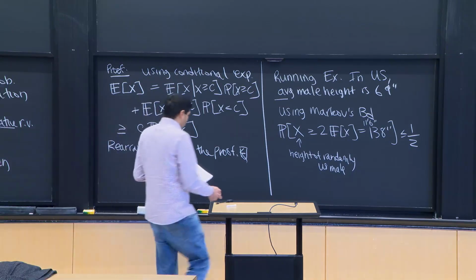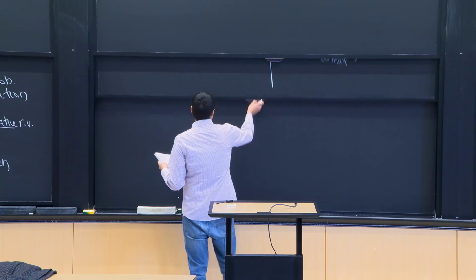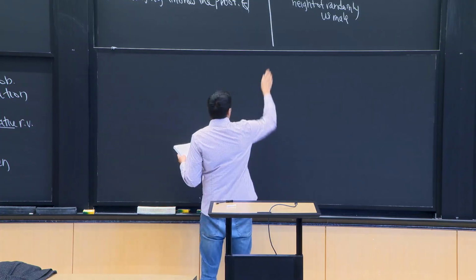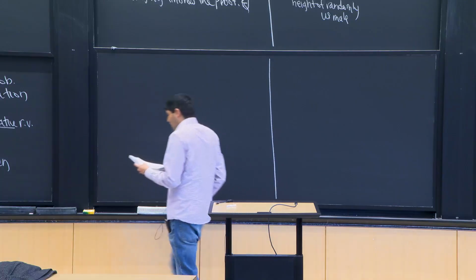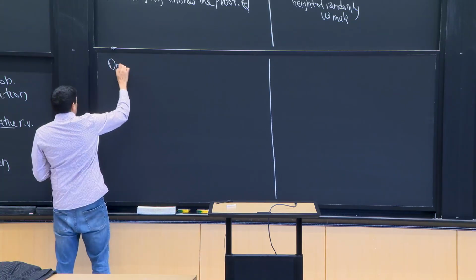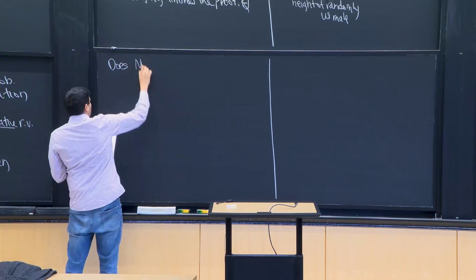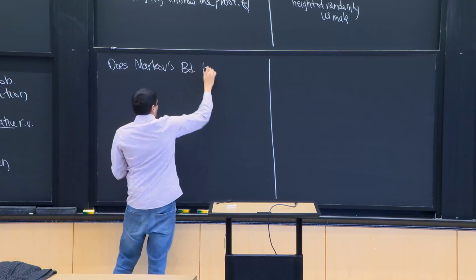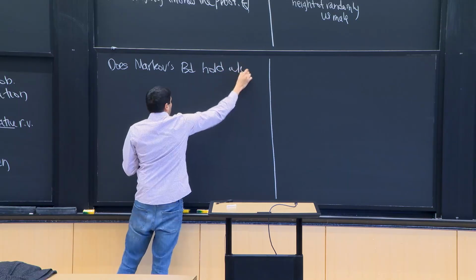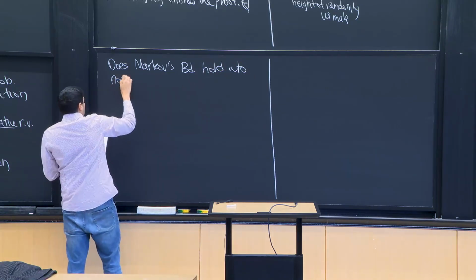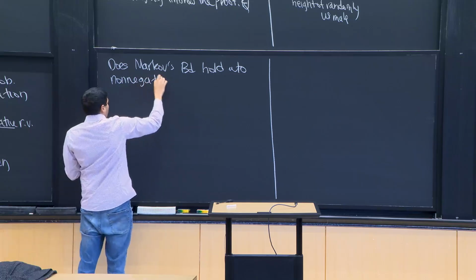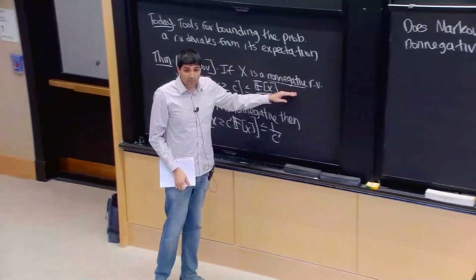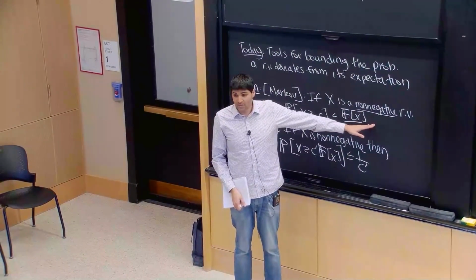I want to make sure we still have the right intuition for this proof. So let me ask you a diagnostic question just to make sure we're on the same page. I think probably you can guess the answer, but what I really care about is to find an example. So does Markov's bound hold without non-negativity? In the statement of the theorem, I definitely assumed that the random variable was non-negative.